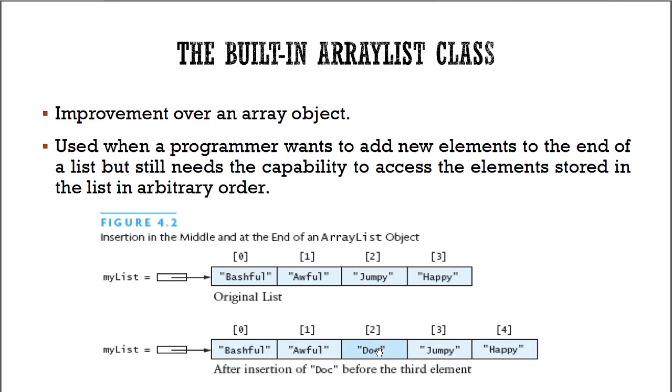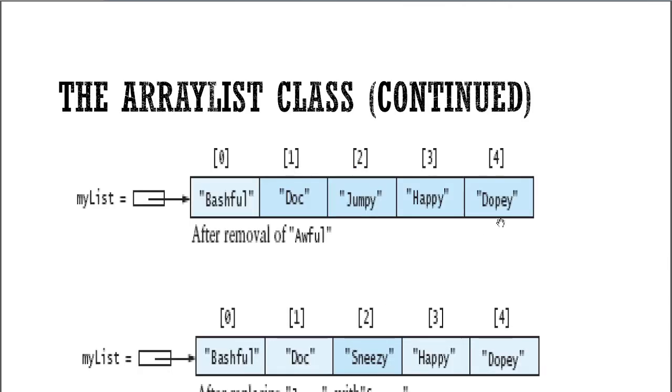Dog, which was originally at position 2, will be moved into position 1 because awful has been deleted. That's the best thing about ArrayList compared to array. ArrayList is dynamic. There will be a movement of data after the process of deletion or insertion.